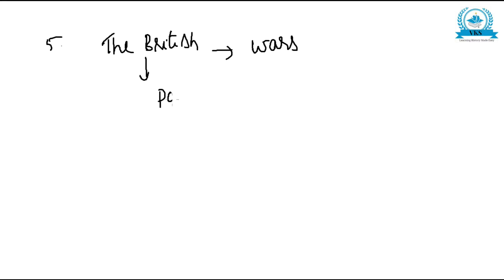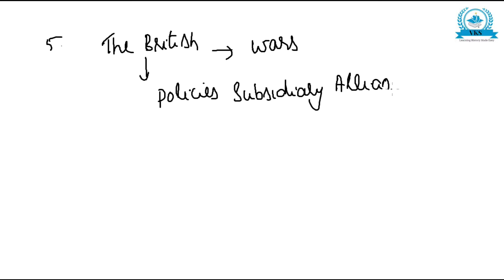Now the fifth cause was that the British waged a series of wars and followed different policies. Different wars were fought during this period, and the British also followed policies like the Subsidiary Alliance and the Doctrine of Lapse.